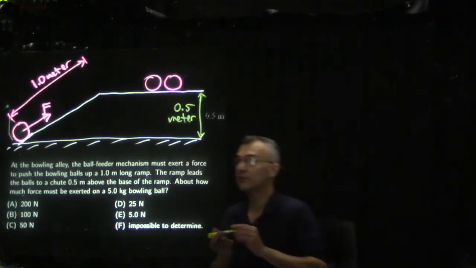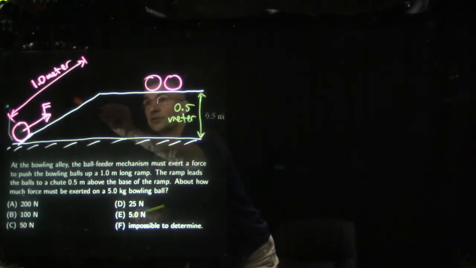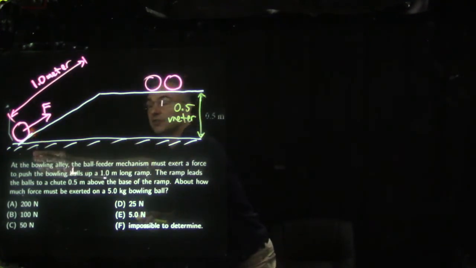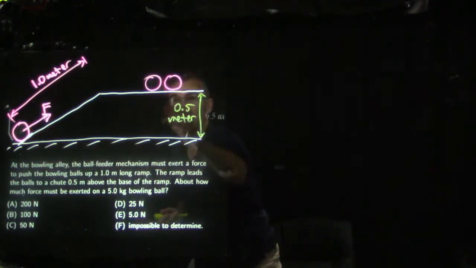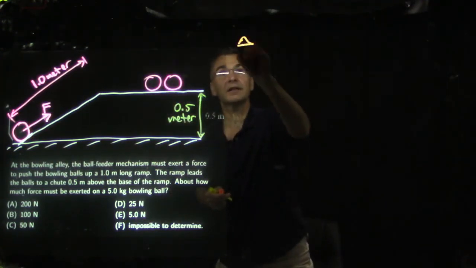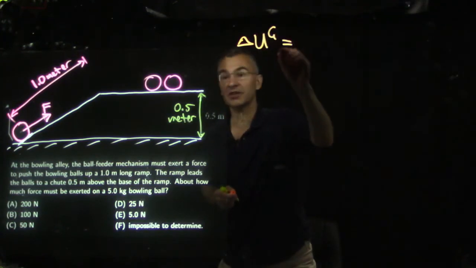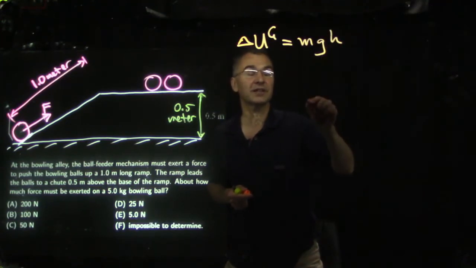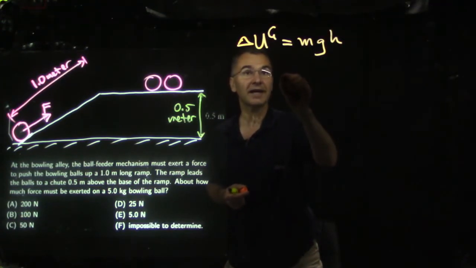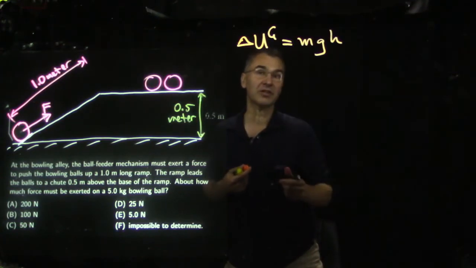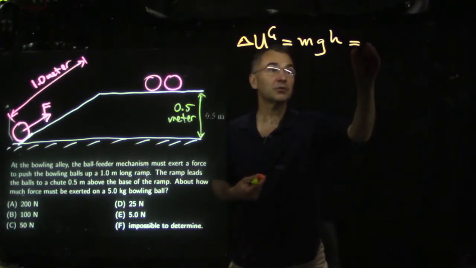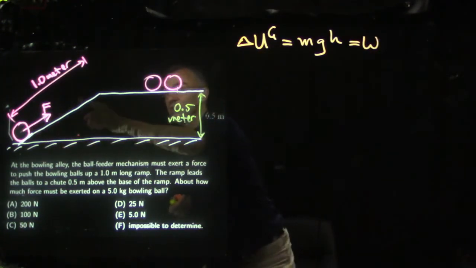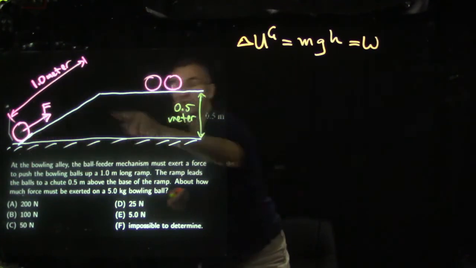So somehow this force exerted over this displacement must be enough to increase the ball's plus Earth system's gravitational potential energy from here up to here. So we're going to say the change in gravitational potential energy is mg times the gain in altitude, and that increase in the gravitational potential energy of the system is going to be equal to the work done as we displace the ball by whatever external force is pushing the ball.